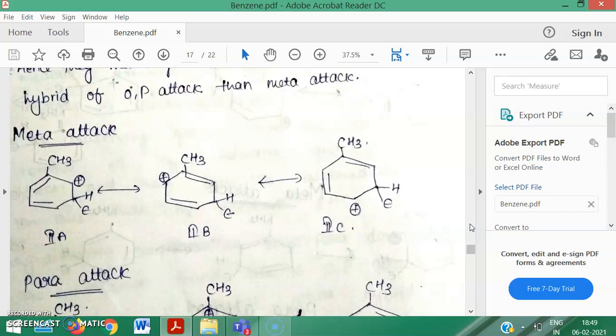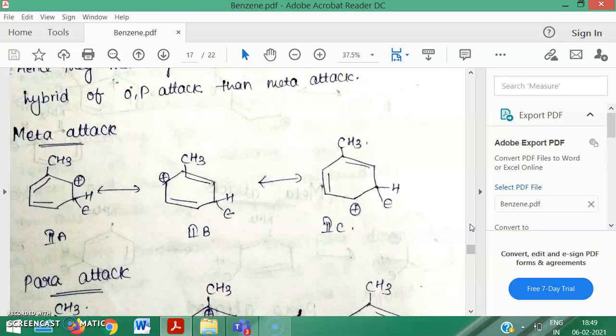Mainly, activating groups direct to the ortho and para positions. Why? Because at the ortho and para positions, more stable and more hybrid structures form compared to meta attack. That's why activating groups always direct ortho and para attack, whereas deactivating groups direct the meta position. Why?